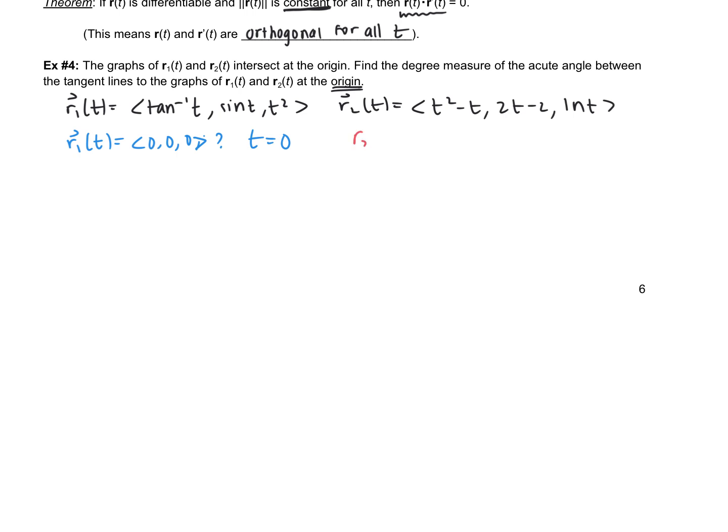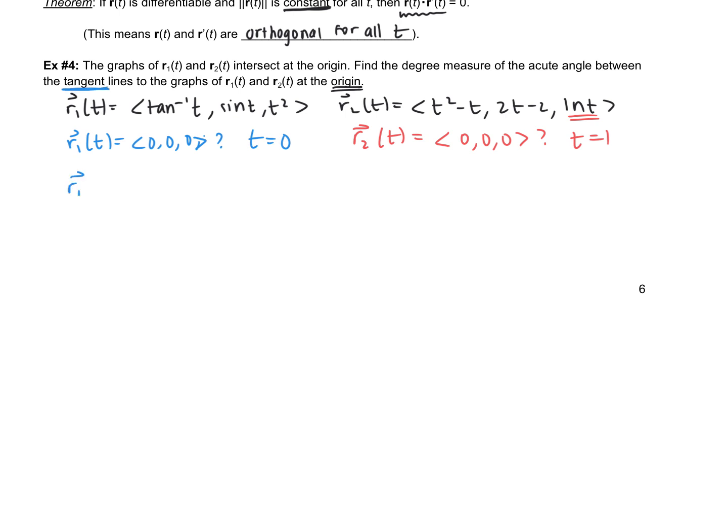But for r2 of t, so when is r2 of t equal to 0, 0, 0? Well, hopefully we can see, particularly from that natural log of t, that this happens at t equals 1. So we're going to be operating with two different t values. Moving forward, if we're looking at tangent lines, then we're going to need the derivative.